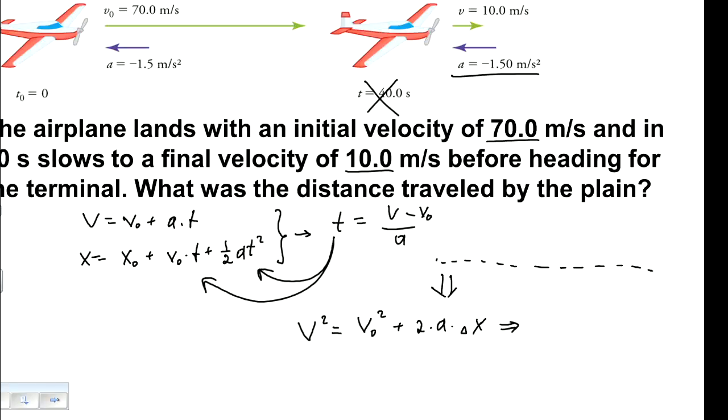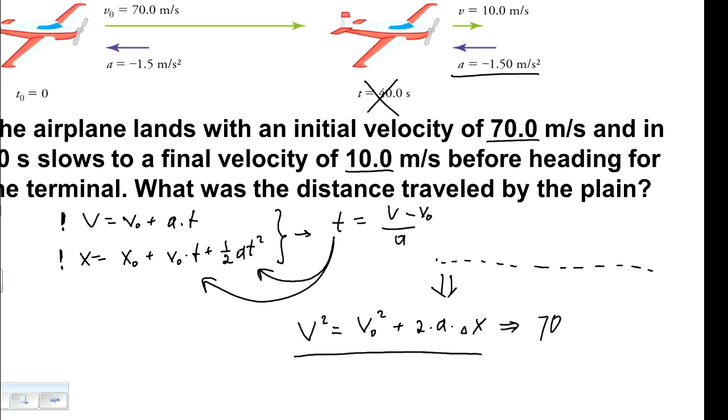This is the velocity equation, the fundamental equation for the motion with constant acceleration. This is another fundamental equation, the motion equation. This is not a fundamental. It's like a child of these two. That's why it has no name. But we can use it.